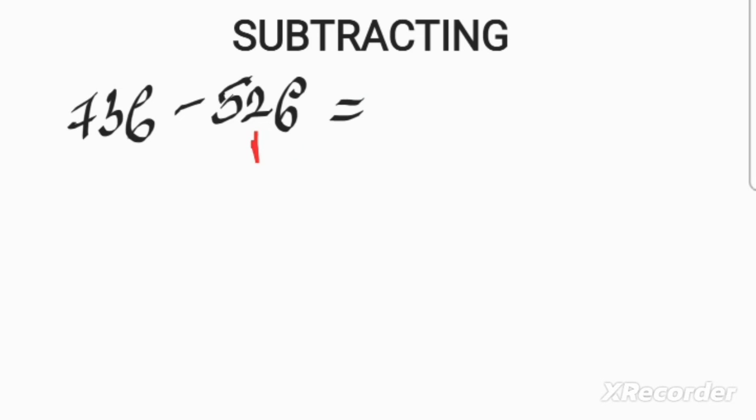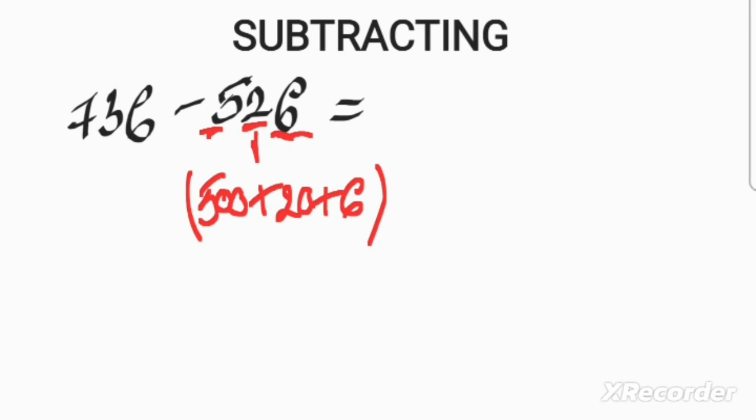This number is formed by units digits, tens digits and hundreds digits. So this number is made of 500 plus 20 plus 6, yes? And this one also has units, tens and hundreds: 700 plus 30 plus 6.